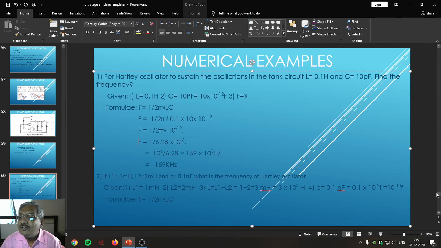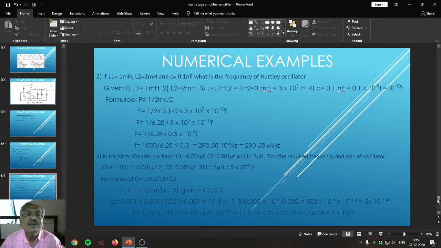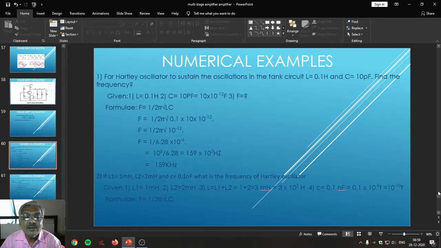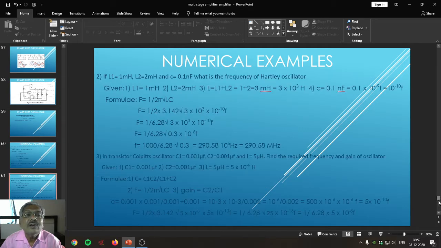To solve this, let us proceed further. Put the values in this equation: F is equal to 1 upon 2 into 3.142, that is the value of pi, square root of 3 into 10 raised to minus 3 into 10 raised to minus 10.